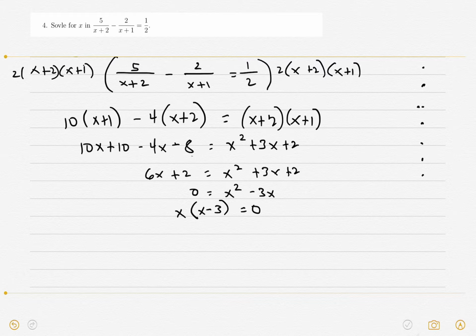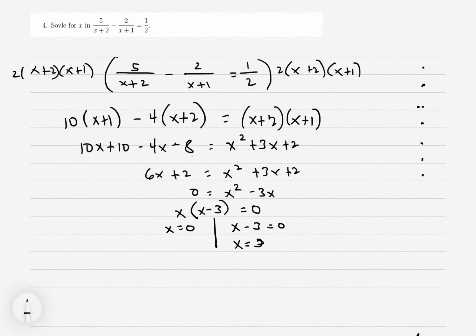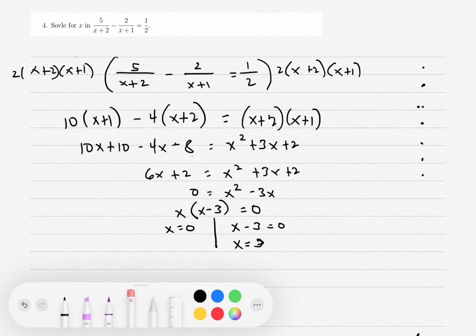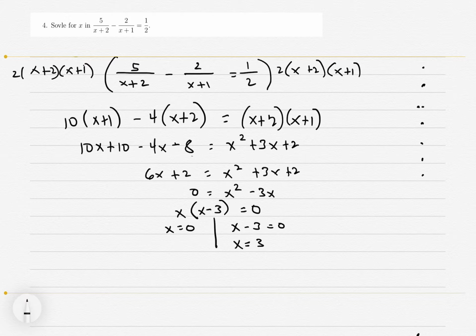To solve for x, it will give you x is equal to 0, and on the other side, x minus 3 is equal to 0, and then x is equal to 3. Ibig sabihin, ang value ng ating x ay x is equal to 0, 3. This is the answer for item number 2.